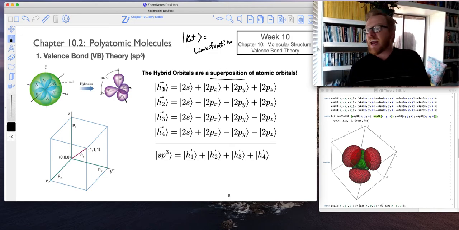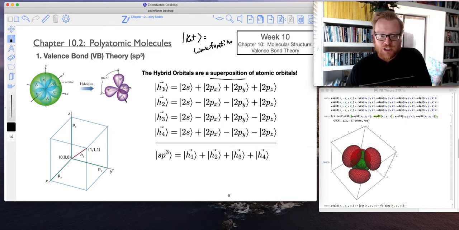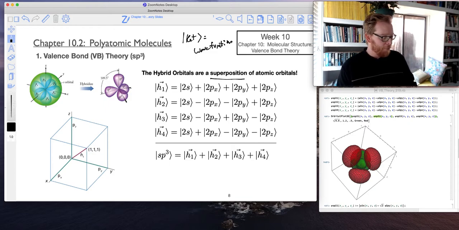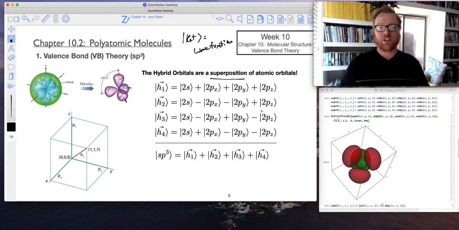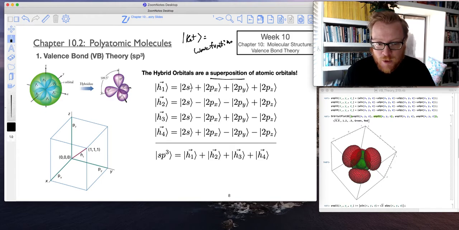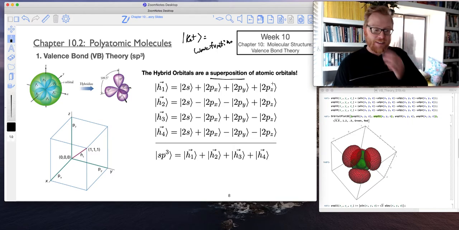So for example, if I look at the H1 wave function, the H1 wave function is itself a superposition of 2s, 2px, 2py, and 2pz. So remember, each one of these would be the full wave function. And later on, coming up, I'm going to show you how we dissect all these wave functions, okay? And if we were to now look at the sign, not only the magnitude, we've created this superposition with all positive elements in our basis set.